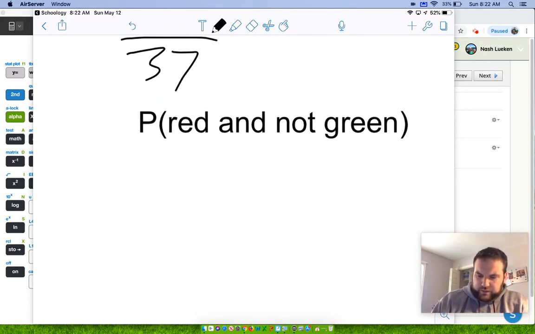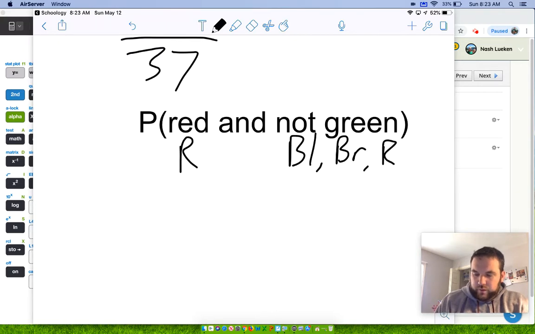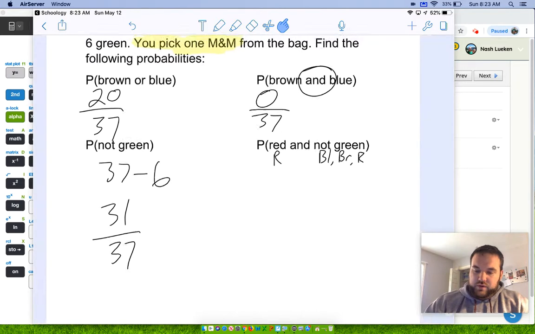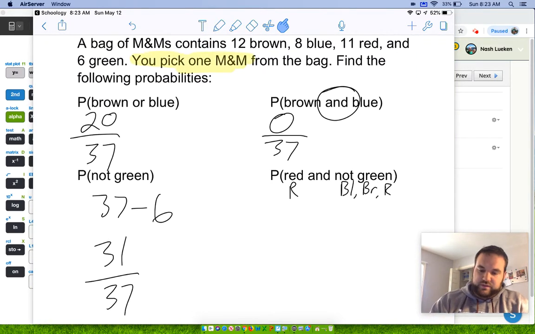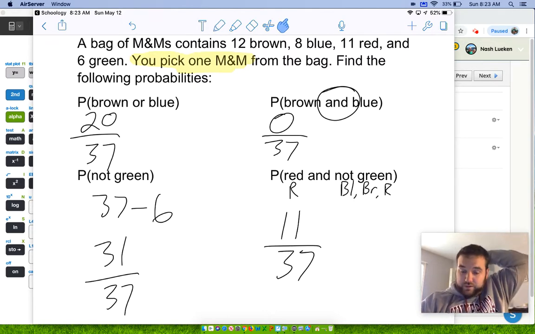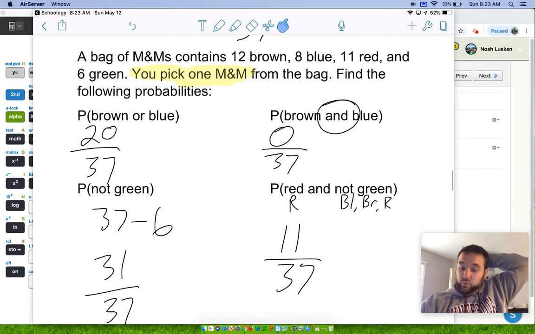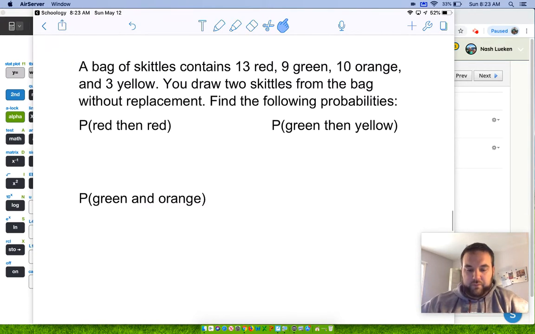So if you think about this, it could be blue, brown, or red, right? Obviously, in order to be "and," it's got to be both categories. So this question is just asking, what's the probability that you pick a red one? So it'd be 11 out of 37. Again, type some decimal in if you want. We'll call it good. So that was if you're only choosing one item from a bag.